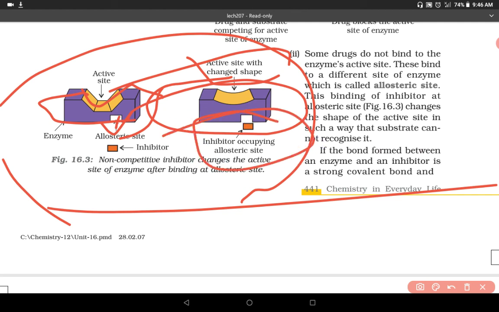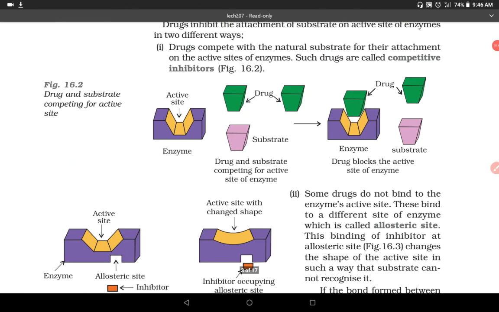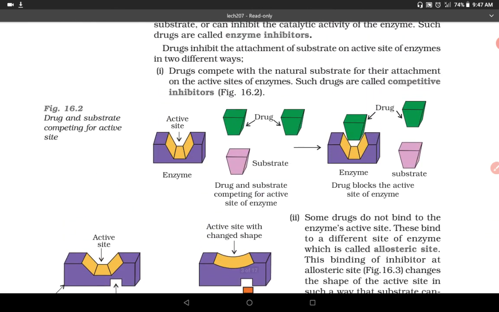The first one is the competitive inhibitor. These drugs compete with the substrate to fit into the active site of the enzyme, and the drug overtakes and fits into the enzyme.